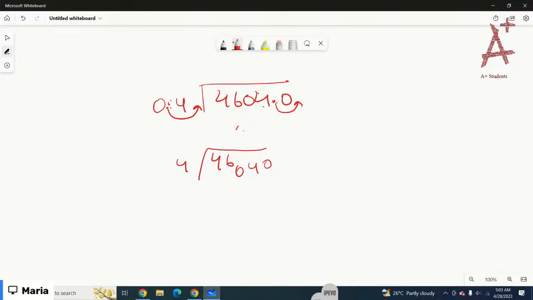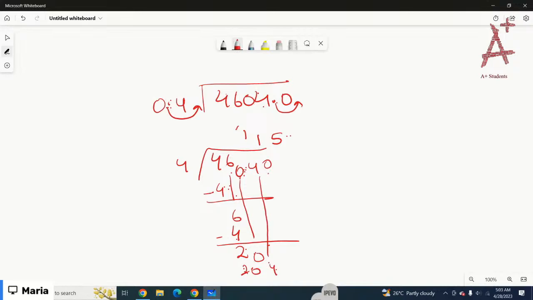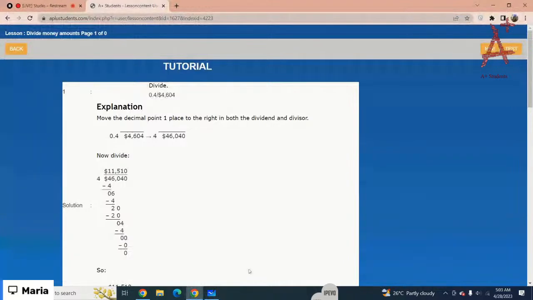Okay, now let's divide. 4 times 1 is 4. Now move down the 6. It would be again 4 times 1 is 4. 6 minus 4 is 2. Now bring the 0 down. It would be 4 times 5 is 20. Now bring the next digit down. It would be 4, so 4 times 1 is 4, and here you have 0, so just write down the 0 only.